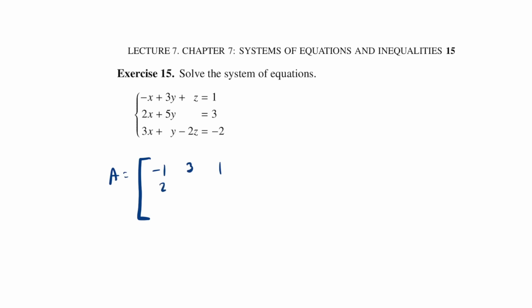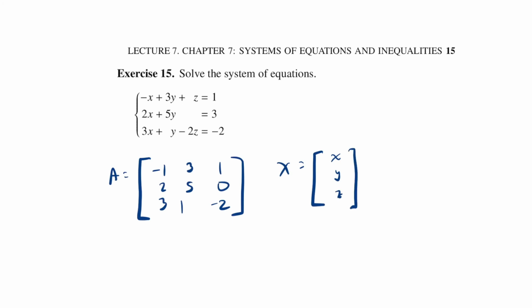Our X matrix is just the variables, X, Y, Z. And our B matrix is the constants on the right side, 1, 3, -2. So you have A times X equals B. The way you solve for X is you multiply both sides by A inverse.